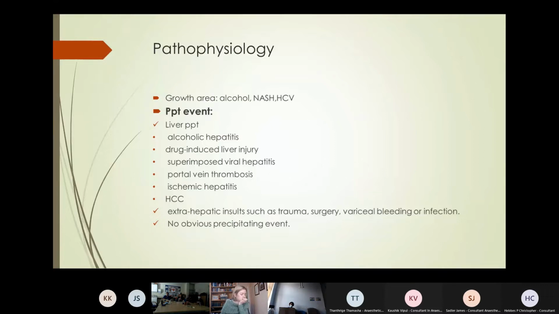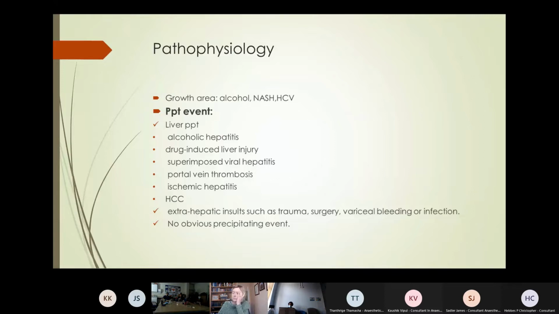So looking at the precipitating event for the liver causes, alcohol hepatitis, which is quite common. Drug-induced liver injuries. It could be viral hepatitis. Any patient who presents to you, you need to think of HB virus, HCV, hepatitis E virus. You need to remember that there are patients who come in from Asian countries, from African countries where hepatitis E is prevalent.